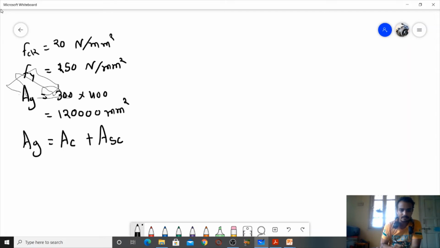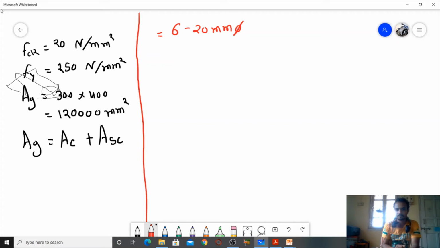In the given example, we have 6 bars of 20 mm diameter. So Asc is 6 into pi by 4 into 20 whole square, which is 1885 mm square.